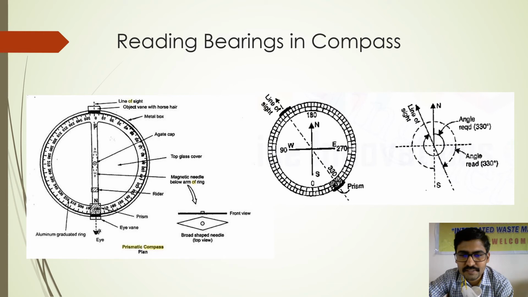So if you assume that north is in this direction, definitely the magnetic needle has to have this direction. In the below diagram you can see that north is having this direction. So even when you rotate the line of sight, only the compass box will rotate along with the prism as well as the object vane, whereas the magnetic needle and the graduated circle will remain in the same position.